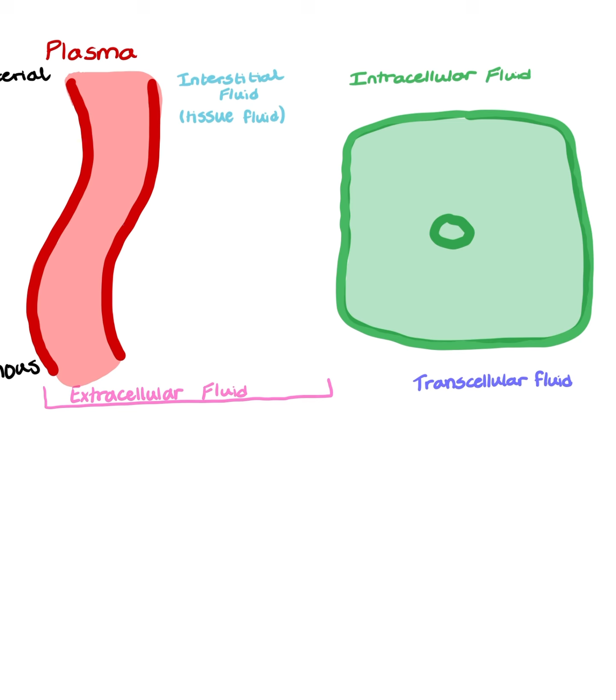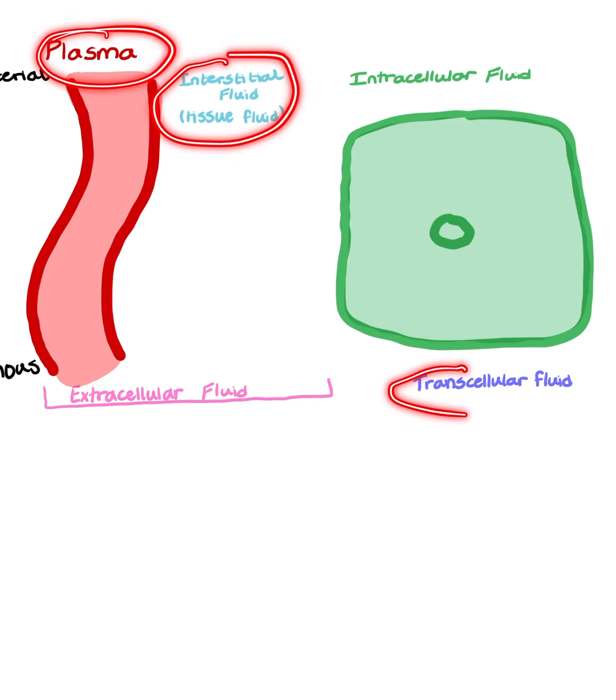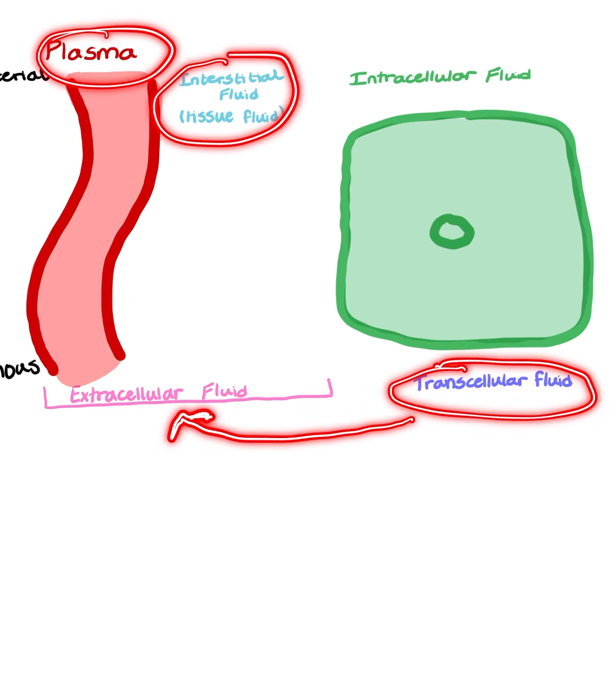About 2/3 of our water is stored intracellularly. So 2/3 of our body water is inside of those cells. While the interstitial fluid right here, the plasma fluid, and the transcellular fluid, all 3 of these make up the extracellular fluid. So in other words, any fluid that is not in the cell.